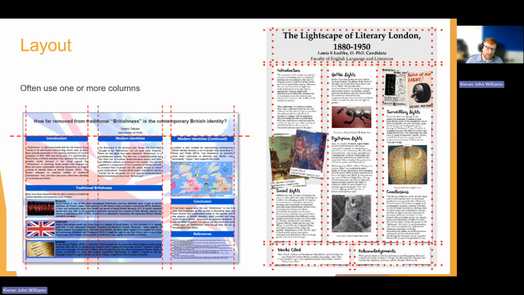So as you can see here, this one has 3 columns and this one has 3 columns as well. Now, you don't have to do this, but it is a good starting point for you to imagine your poster having something like this. This is the traditional way of doing it. You can follow tradition. You don't have to. You can create something different. As long as it is visually attractive and easy to read, then you can choose whatever you want.